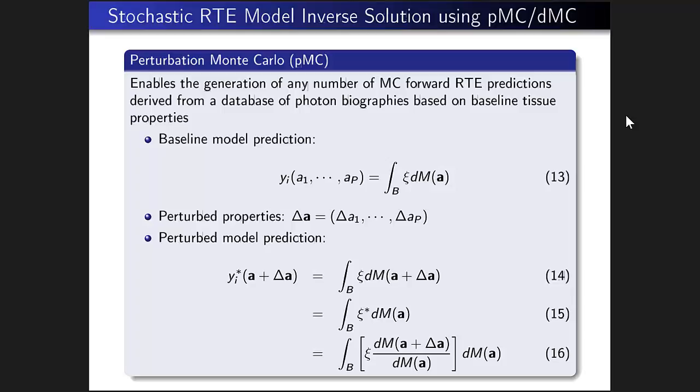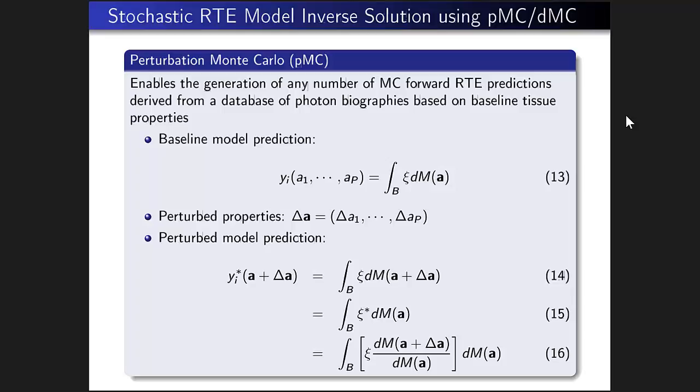Say you had the baseline set of optical properties A here. You could determine this model function prediction based on these properties by evaluating a random variable. That Greek letter C is a random variable.